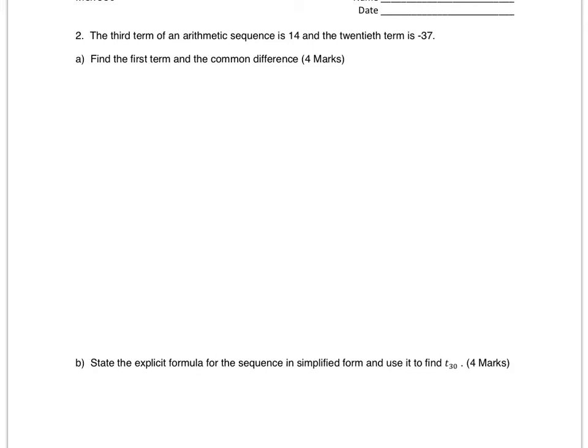The next question says the third term of an arithmetic sequence is 14, so T3 is 14, and the 20th term, T20, is equal to negative 37. Find the first term and the common difference. We know that this is an arithmetic sequence, so Tn is a plus n minus 1 times d.